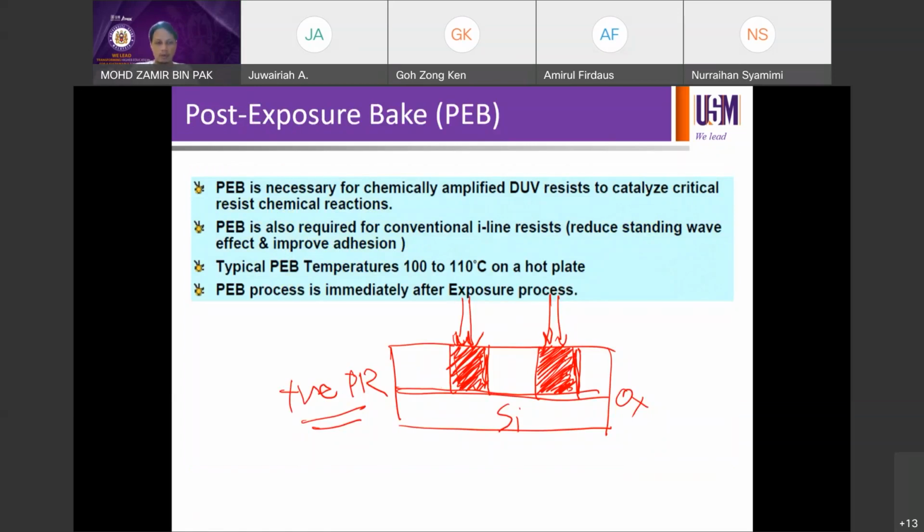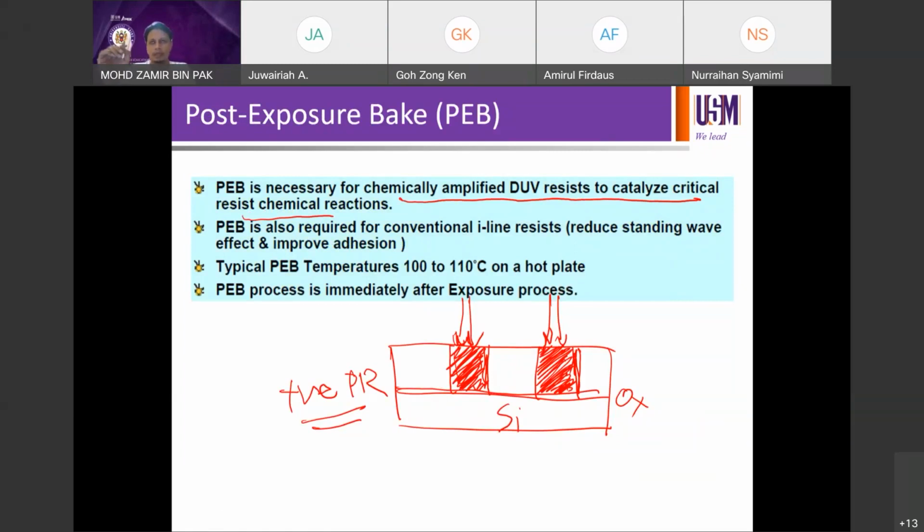But at this stage, when you go through the PEB process, this PEB will chemically amplify the DUV resist to catalyze the critical chemical reaction. It will further enhance the reaction of the photoresist.